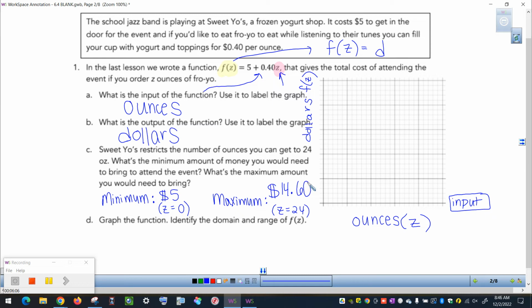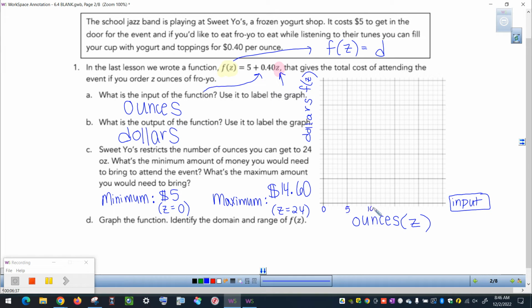All right, so now let's take a look at part D. Now we're going to graph the function. We'll talk about the domain and range part in just a moment once we have figured out our graph. There's a couple of ways that we could think about getting this. I would actually recommend that we start by doing some labeling here on the ounces axis.